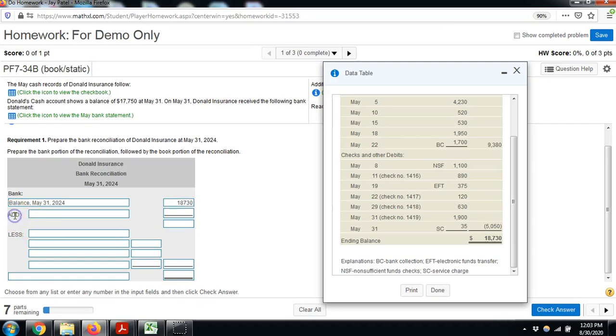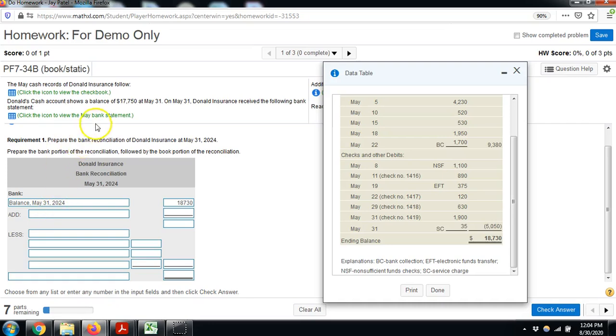The add is most likely going to be a deposit in transit. A deposit in transit is something where you've made a deposit into your accounting books because you've received checks or cash, and the money is in transit to the bank. So it's been entered into your accounting books but not yet hit your actual bank account.